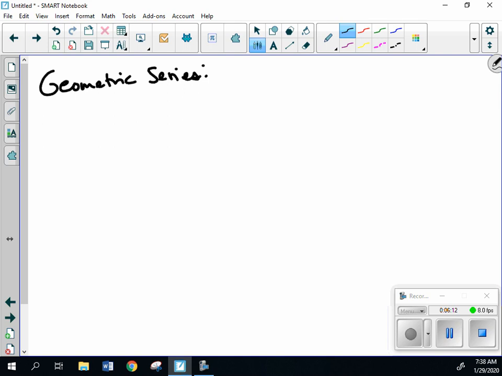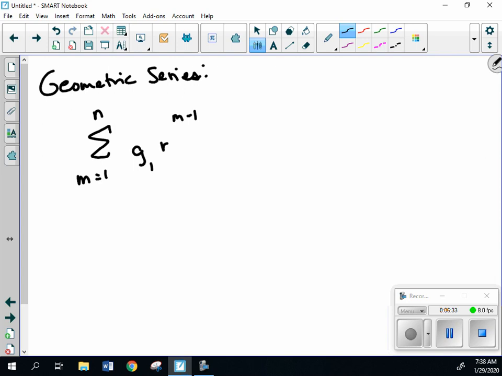Sigma notation, remember this is sigma. Sigma just means you're going to add everything together. So you're starting with your first term, going to whatever happens to be your last term: g 1 r to the power of n minus 1.